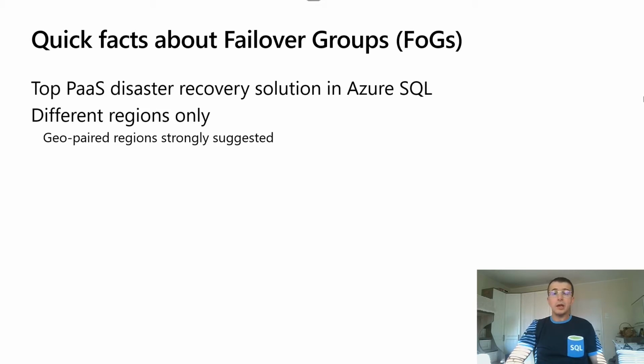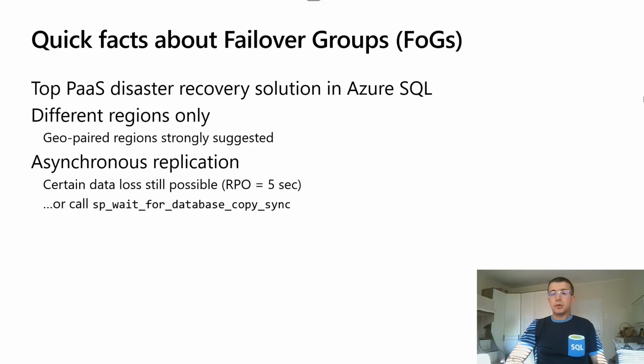That could be any two Azure regions. However, what we strongly suggest is to use regions that are geo-paired. There is a concept of geo-paired regions in Azure SQL. We take care that for any geo-pair, at any moment, we do planned maintenance events only in one of those two regions.